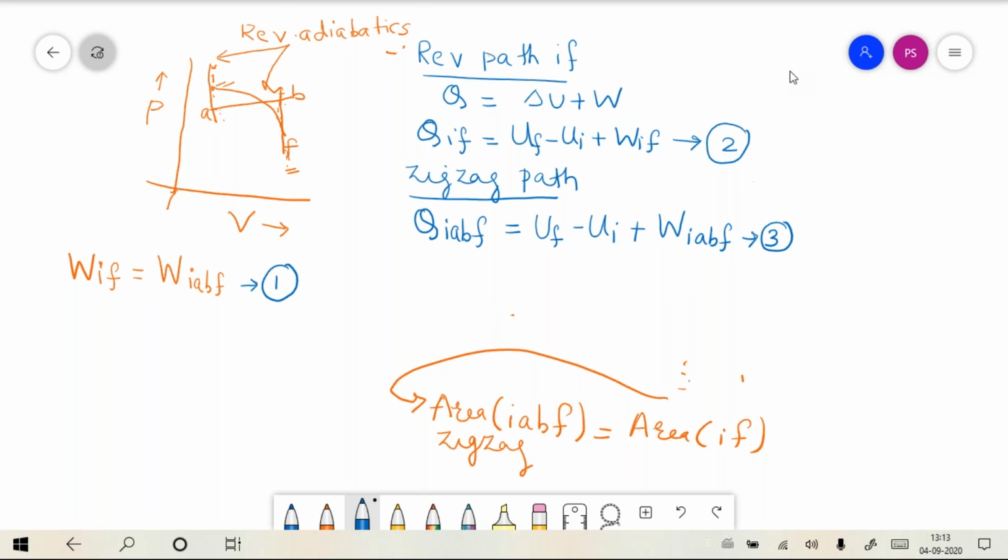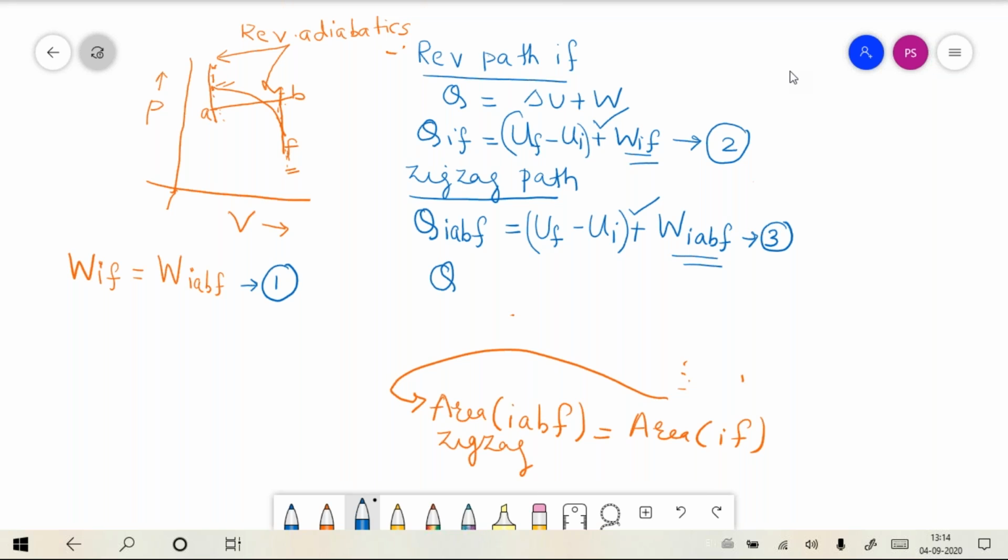The terms UF minus UI from equations 2 and 3 are the same, so WIF is equal to WIABF.